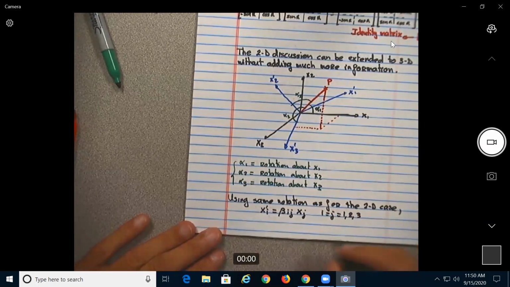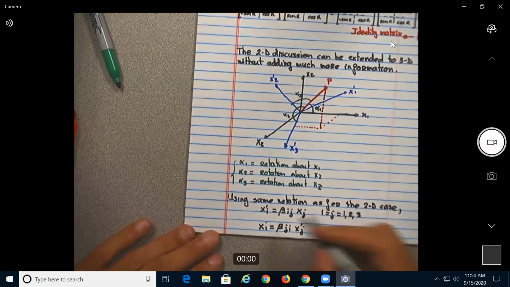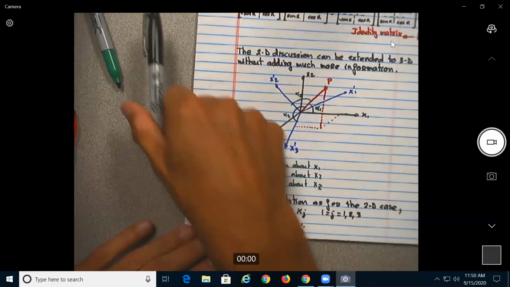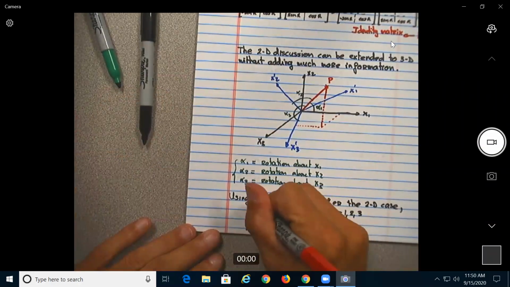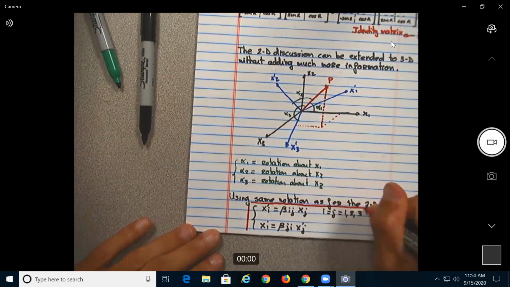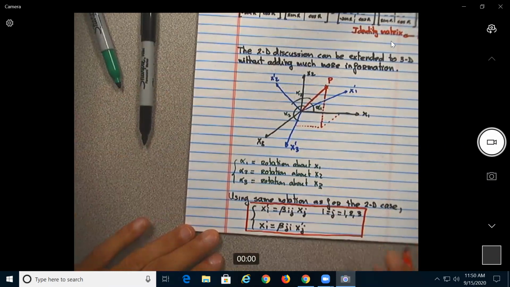And xi will be equal to beta ji x prime j. So we have this.